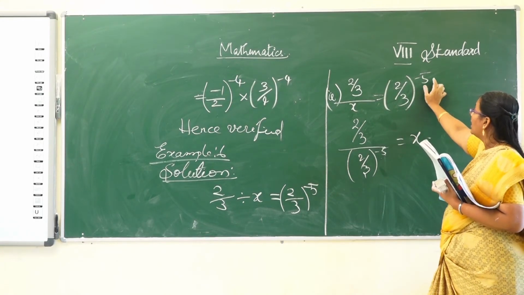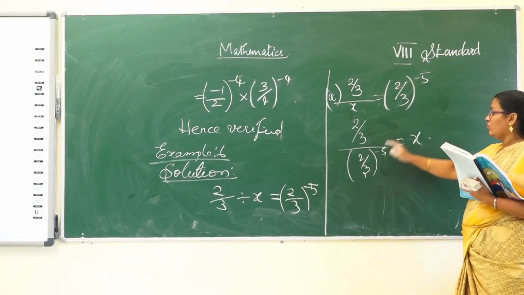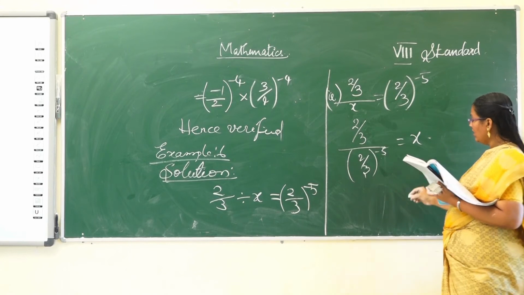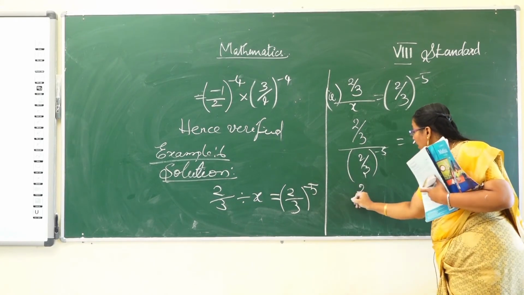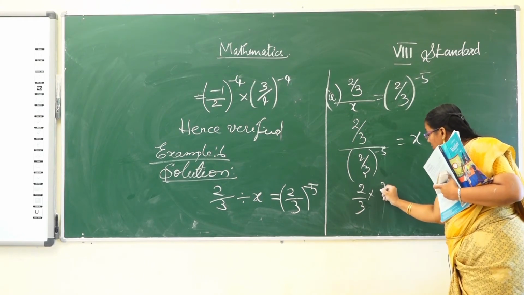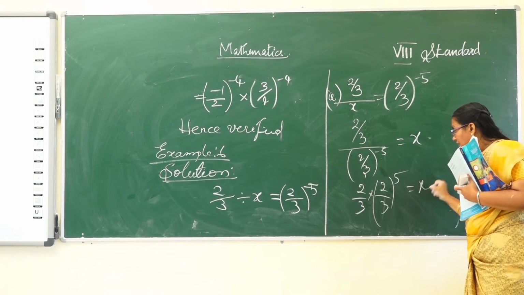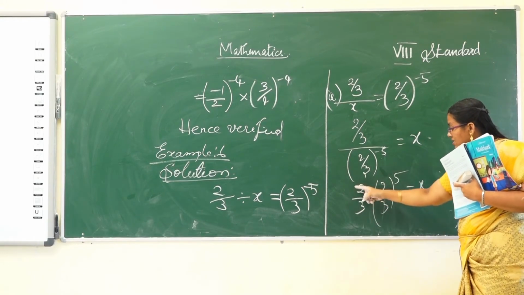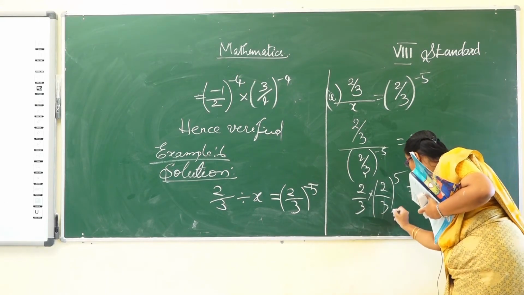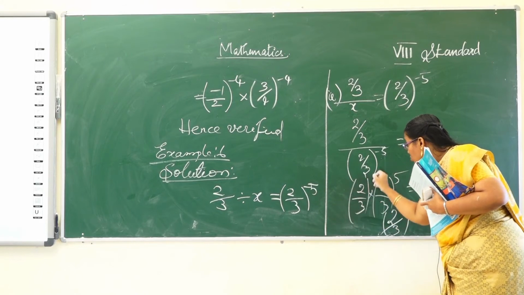So here (2 by 3) the negative exponent of minus 5 moves to the denominator. Now write 2 by 3 in the numerator, with the negative exponent of 5, is equal to x. Here the bases are the same, so we apply the product rule. So (2 by 3) the whole power, here the power value is 1.